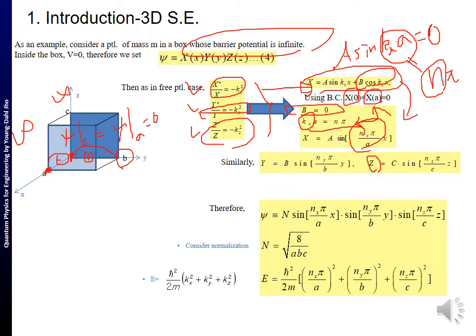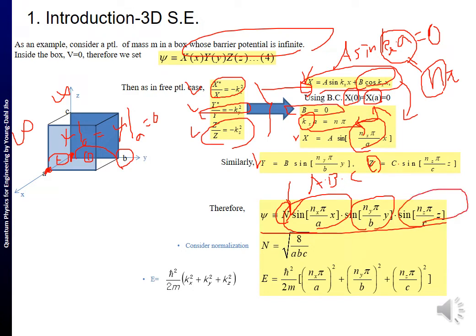So we multiply them, X, Y, and Z. The coefficients A, B, C become a large N because there are three different coefficients multiplied. Let's set it to be N, multiplied by the x, y, z related sine functions.